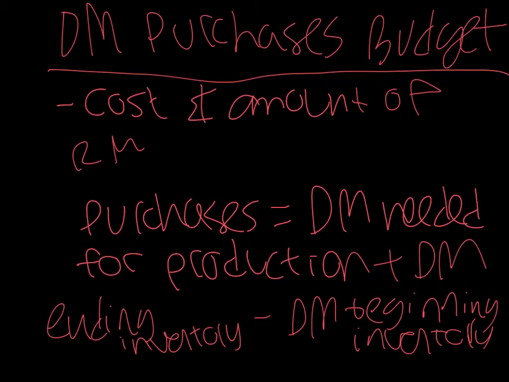Next, I will discuss the direct labor budget. This shows the total amount of direct labor hours and the amount of direct labor used in order to create a product.